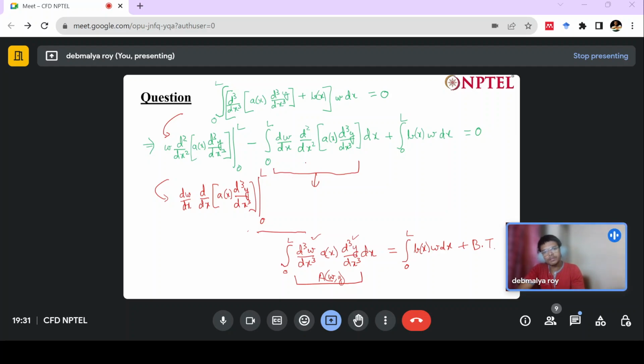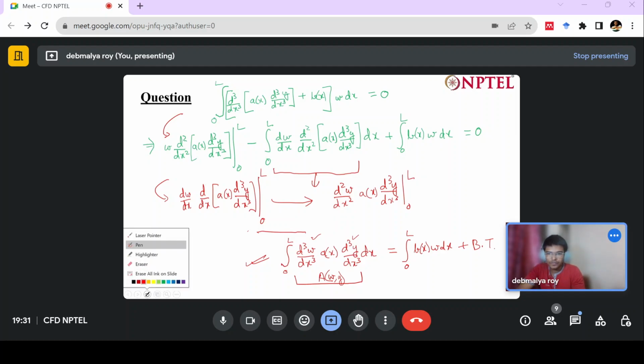Now, if you do by parts of that term again, which you will need to do to arrive at this, then in the next step you will have the boundary term. Here you see that this particular term is there, right?